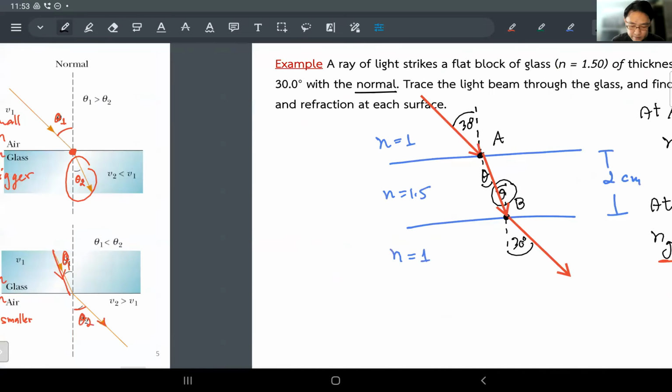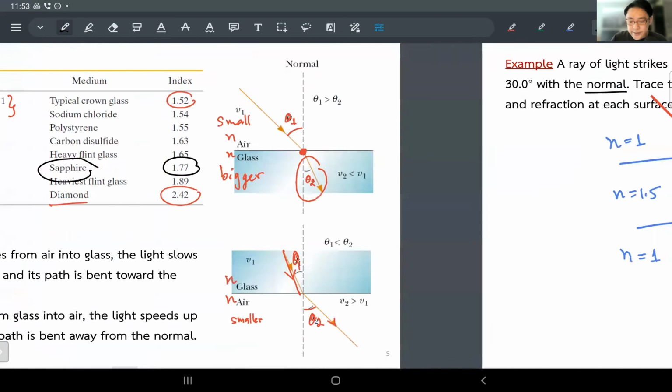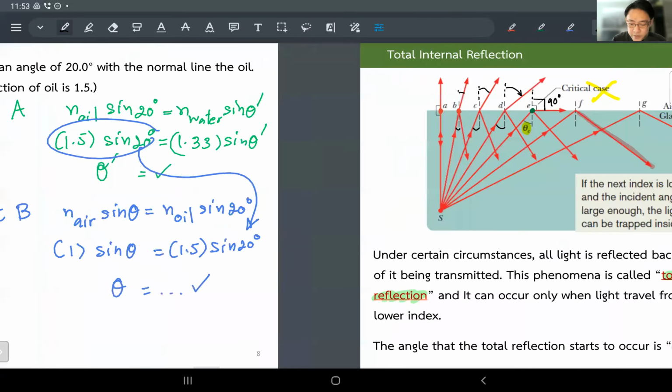If you go back here, is there any sapphire? Oh, here we go. Sapphire is 1.77. So it's going to look better than glass, definitely, but it's not going to be as good as diamond. That's why it's not as expensive as diamond for sure.